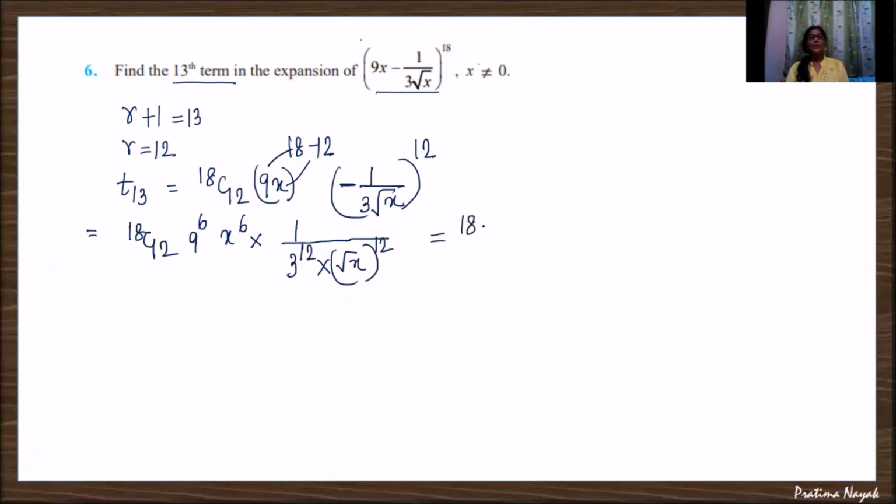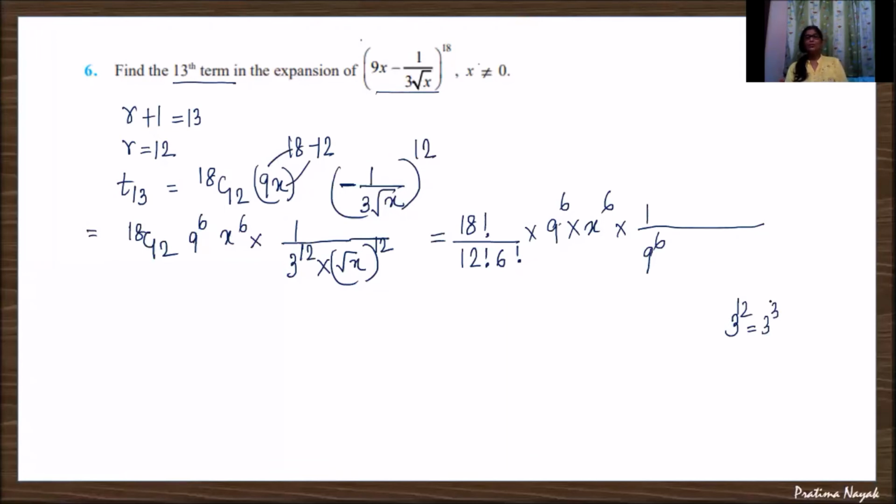Now 18 factorial by 12 factorial into 6 factorial. Next is 9 to the power 6, x to the power 6. Now you have to simplify the denominator. 3 to the power 12 is the same as 9 to the power 6, because 3 to the power 12 can be written as 3 to the power 2 into 6, and 3 squared is 9.